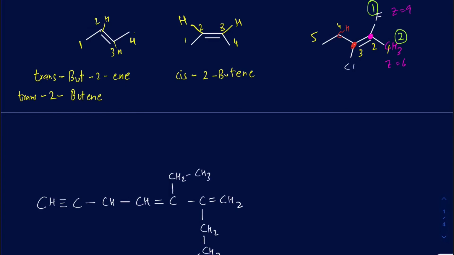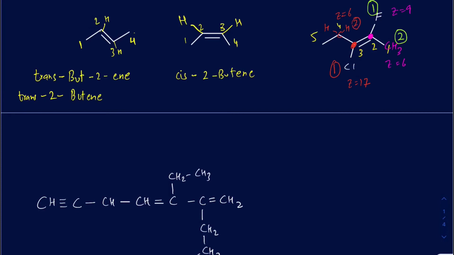So there are 2 hydrogens. Chlorine is going to have an atomic number of 17, and your carbon is going to have an atomic number of 6. So the chlorine is going to win over the carbon, your chlorine is going to get number 1, and the carbon side, or that whole group, is going to get number 2.